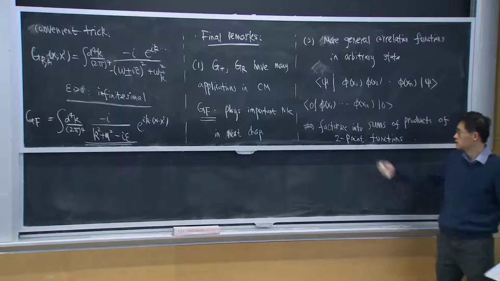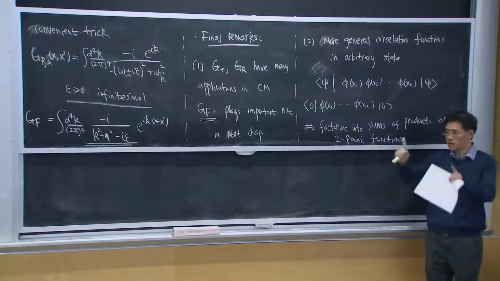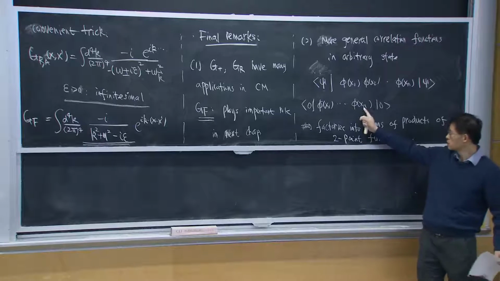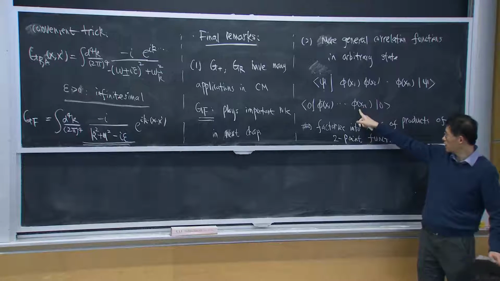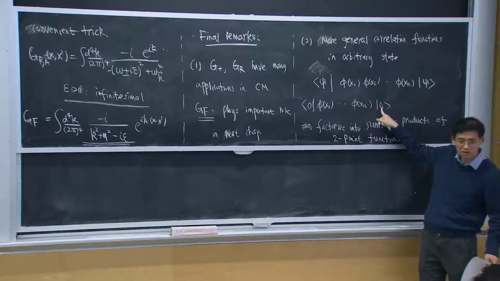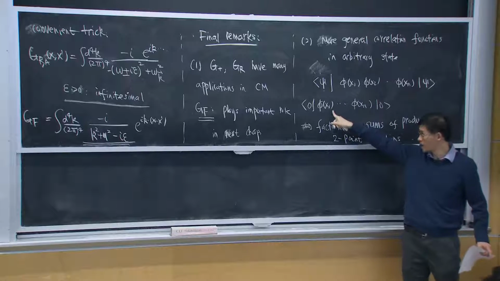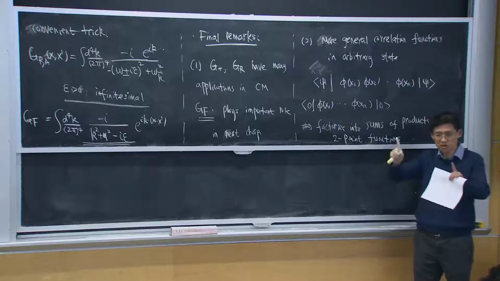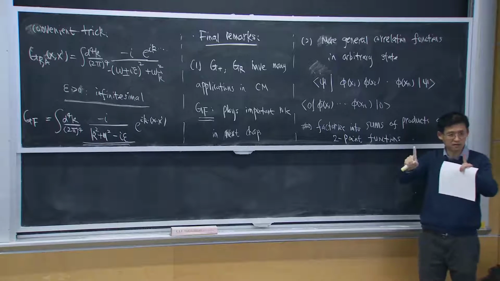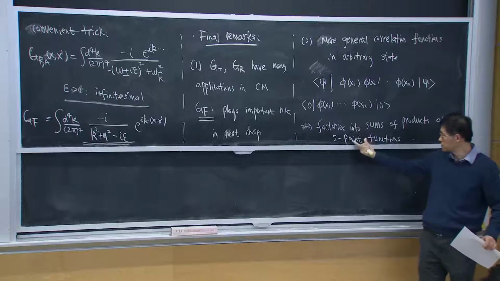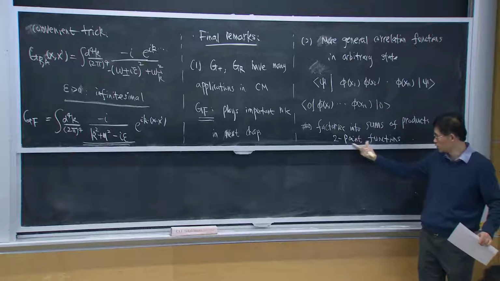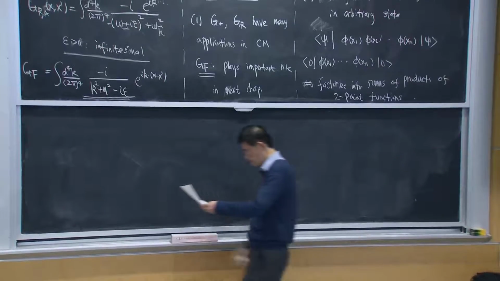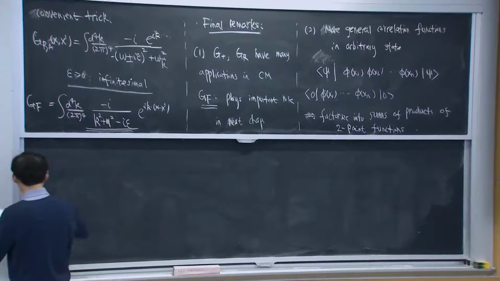So why? This is simple because A and A dagger have to be paired, because any A dagger creates something out of 0 and has to be annihilated by an A somewhere later. So all the A and A dagger have to be paired, and that means they reduce to all the 2-point functions. So you can check explicitly. For example, the simplest is the 4-point function.